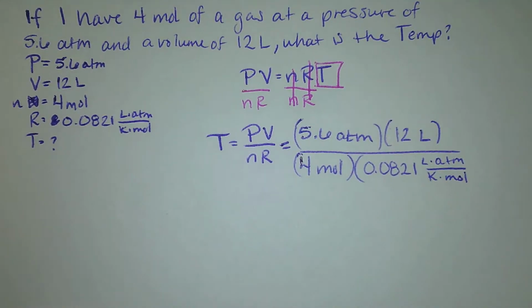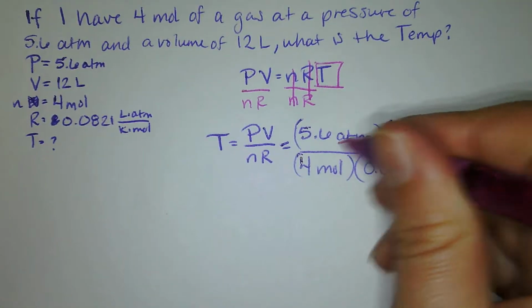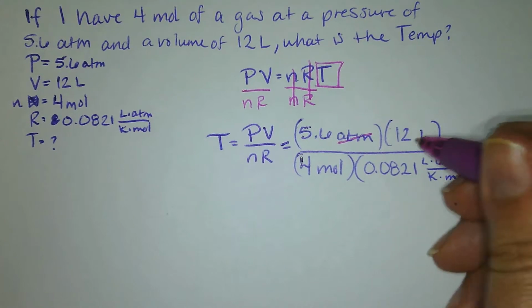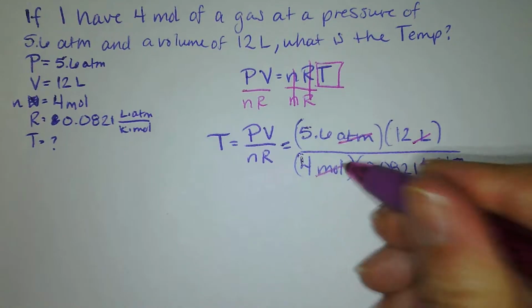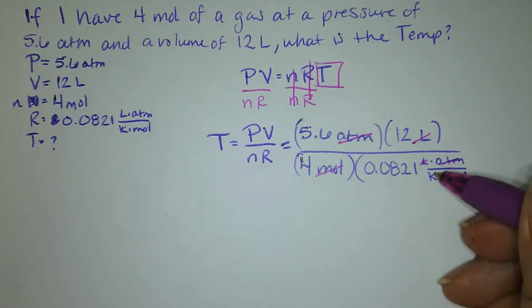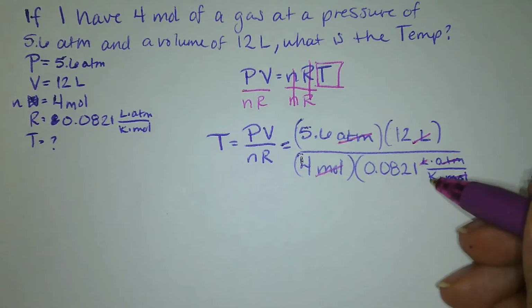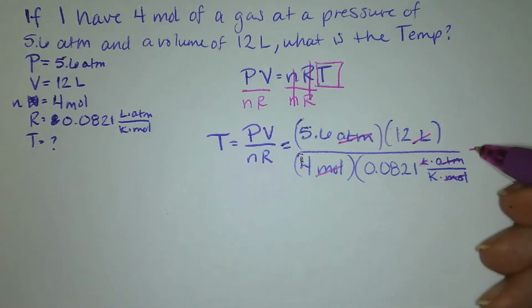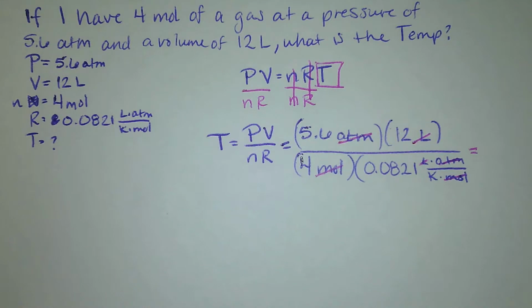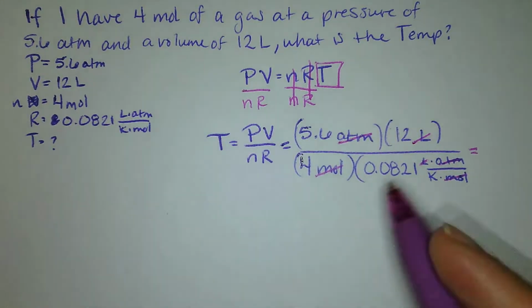All right, and we can start canceling things. We can actually cancel all the units. Look, atmospheres and atmospheres cancel, liters and liters cancel, moles and moles cancel, and we're left with 1 over Kelvin, so the units are going to be Kelvin. And if you remember, Kelvin was the unit for temperature that we're going to use.